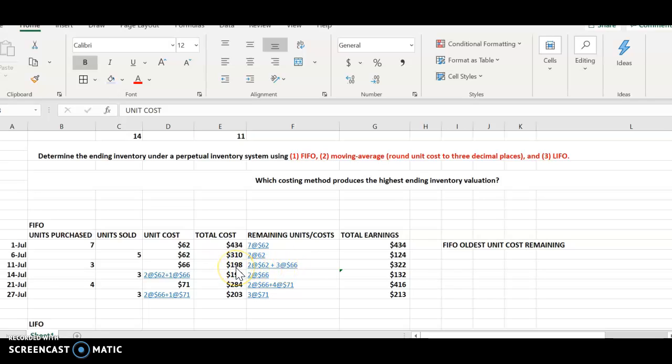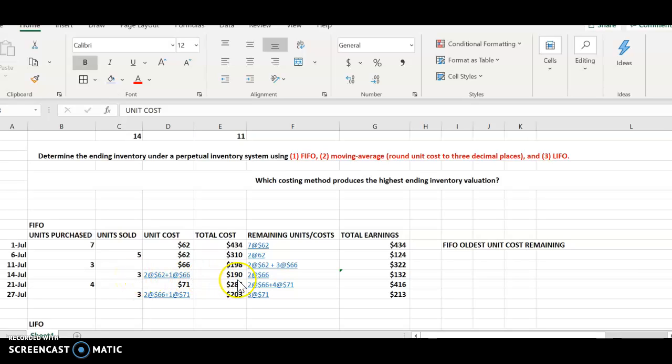Since we purchased, the total is going to increase, so we add 124 plus 198, and that gives us a total of $322.